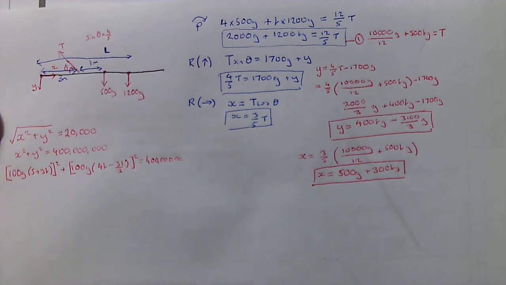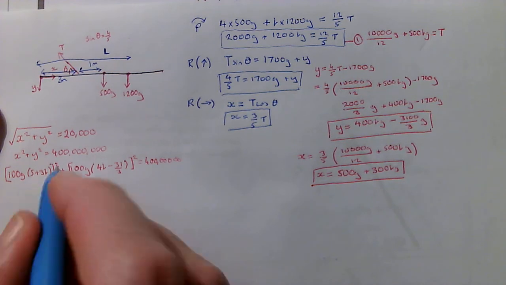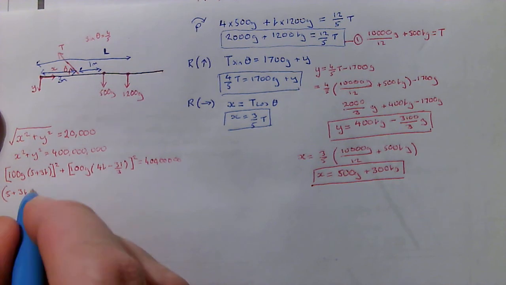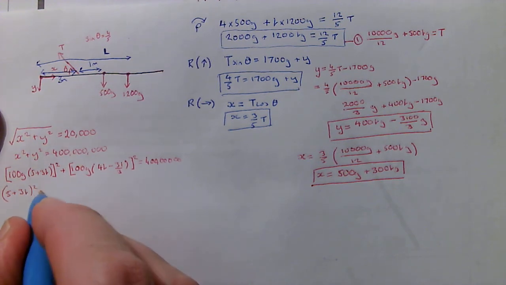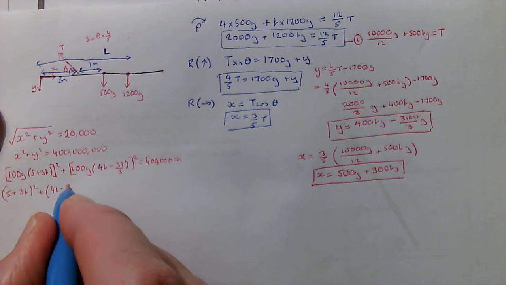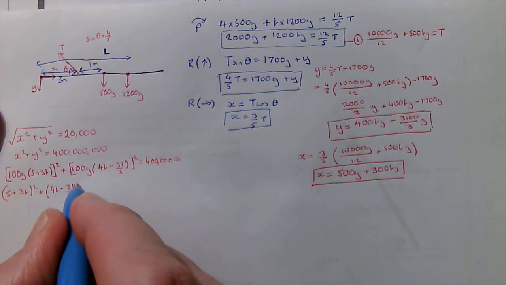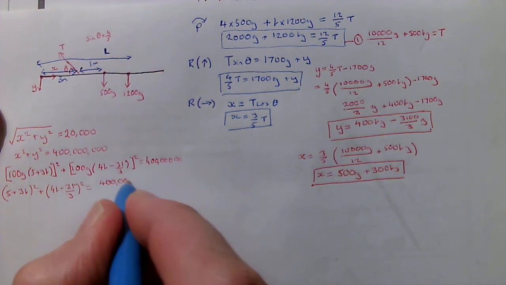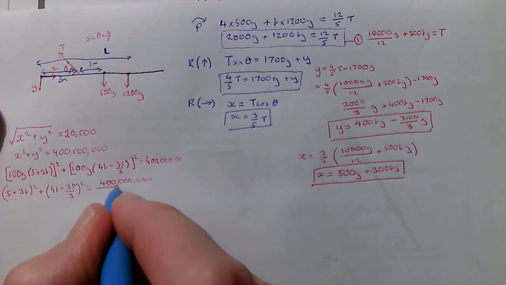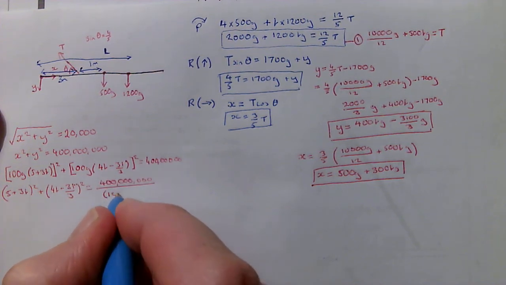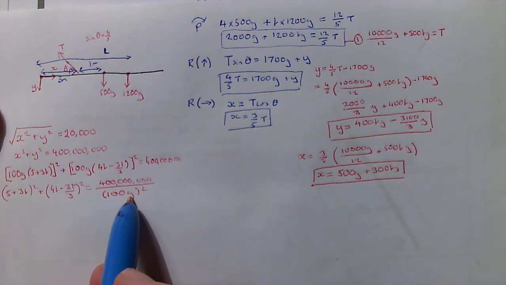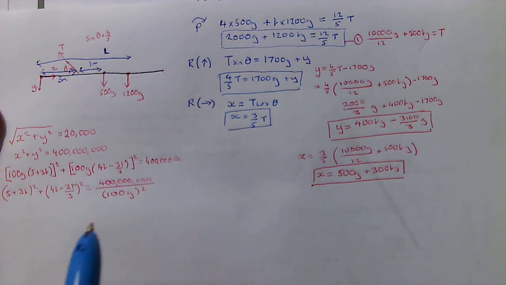That's going to make my life a lot easier, because then what I can do is say, well, 5 plus 3L squared plus 4L minus 31 over 3 squared is going to equal 400 million divided by 100G squared. Just be careful when you're doing this that it's not just 100G squared, you're actually squaring both the 100 and the G.